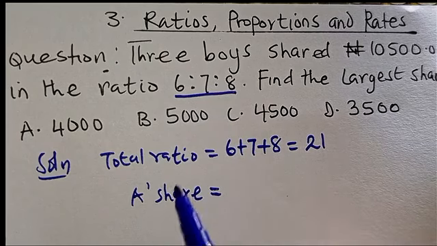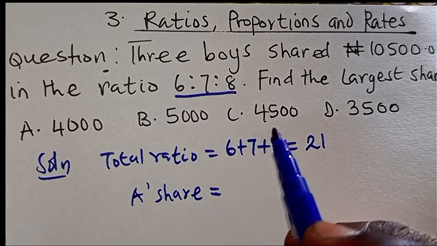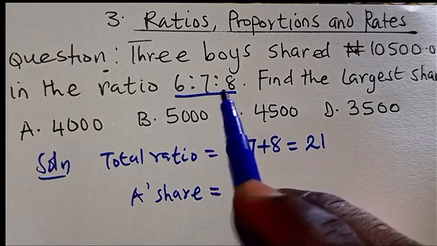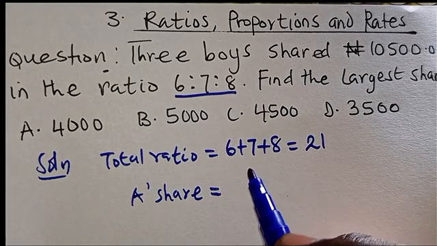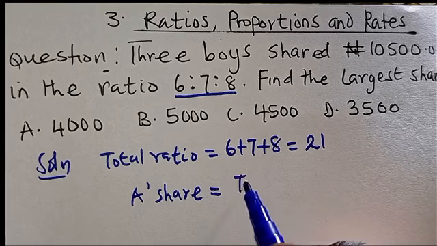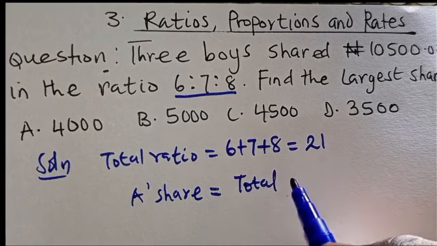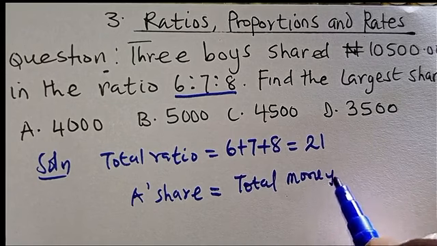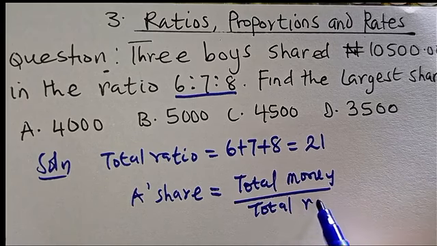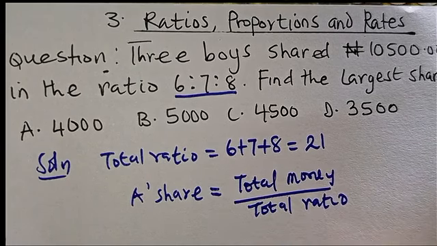A share means the rate of sharing, and it has to be the same for all of them. So it's the total money to be shared divided by the total ratio. That is how to get a share.